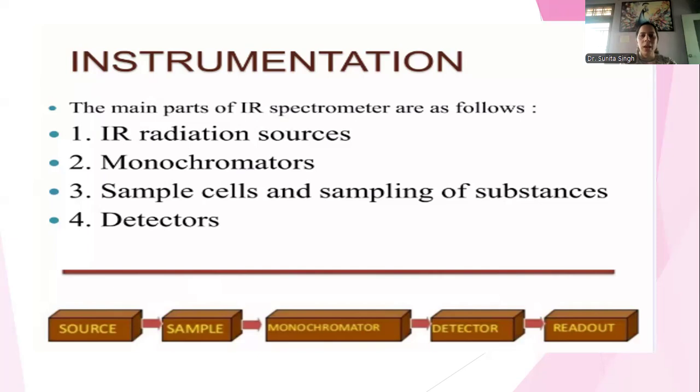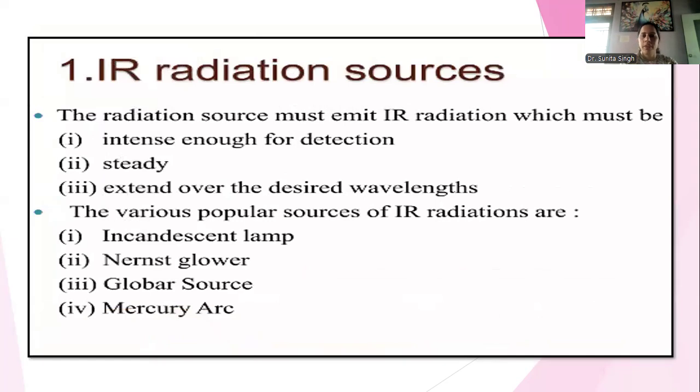The instrumentation is basically divided into source, sample, monochromator, detector, and readout, where different types of sources, monochromators, sample cells, and detectors are used in IR spectroscopy. The radiation source must emit IR radiation which is intense enough for detection, steady, and extends over the desired wavelength. These are the basic conditions for a radiation source in IR spectroscopy.